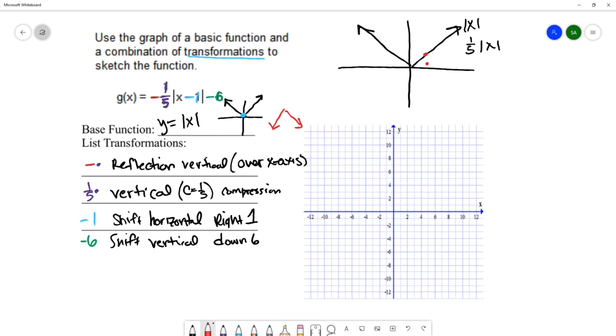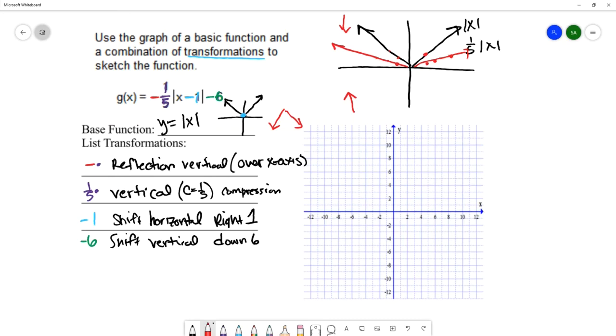It multiplies them by 1/5. So every y value gets brought down this way, and you end up getting a graph that looks a little smushed or compressed if you think about it vertically. If you think about up and down, that graph gets compressed. So let's take a look.